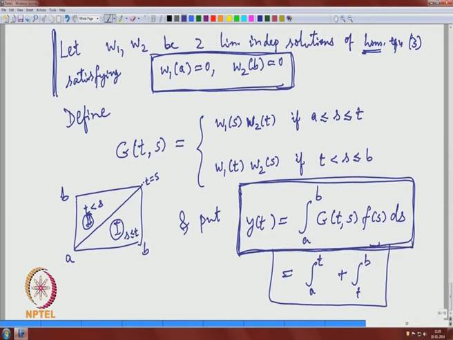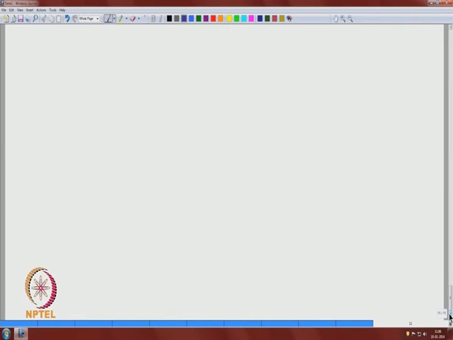So this is what we have obtained, and now we will verify that y t indeed satisfies the differential equation 3 and also the boundary conditions. In the next 10 minutes we will do that.